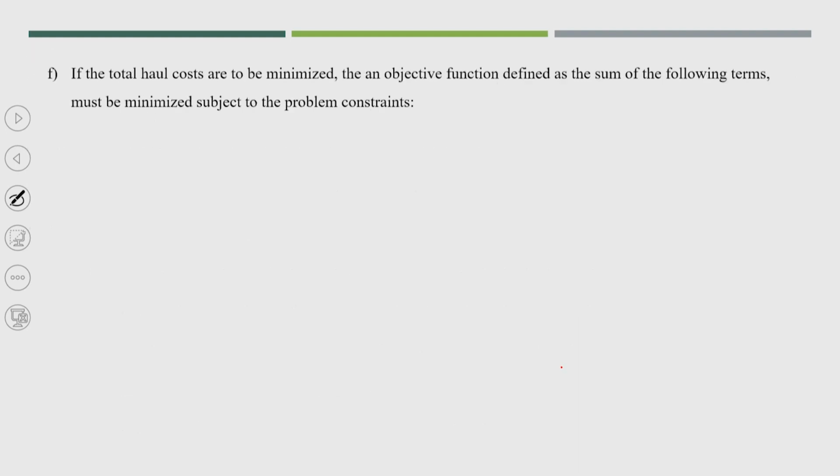Now, if the total haul cost is to be minimized, then the objective function, defined as the sum of the following terms, must be minimized subject to the problem constraints.